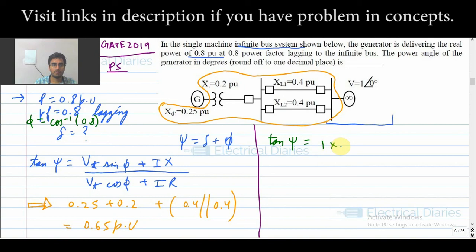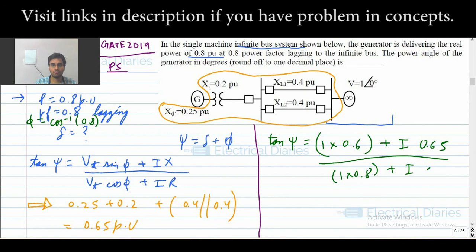So tan psi will be 1 into sin phi, where sin phi is 0.6, plus I into x equivalent, which is 0.65, and here Vt cos phi is 1 into 0.8 plus I into R, where R is 0.